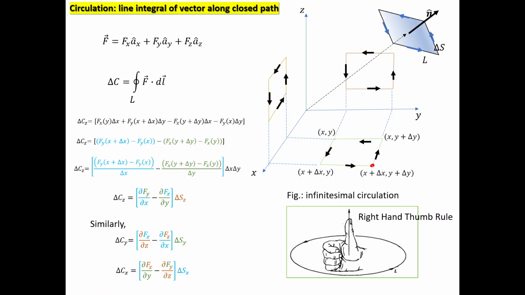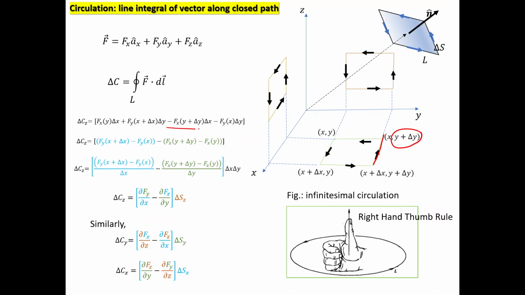Now once we have reached here, let us traverse over this path along this direction. This is the minus x direction, but the component of f is in the positive x direction. Then the dot product will be negative, and this traversal is over the point y plus del y.